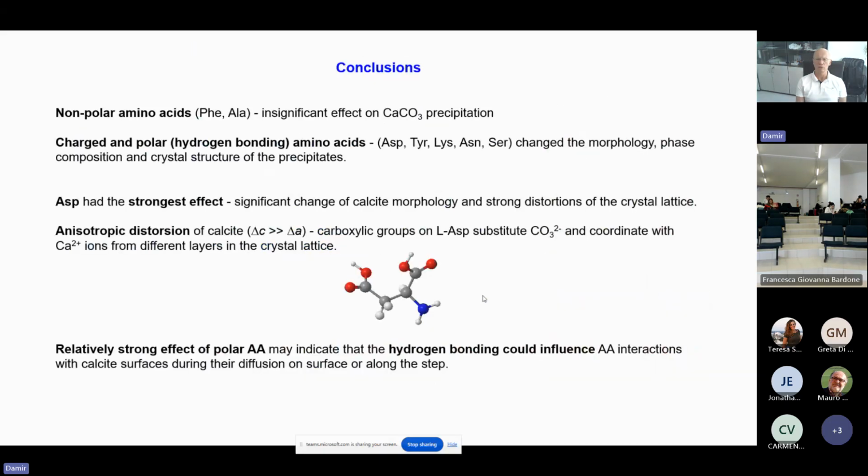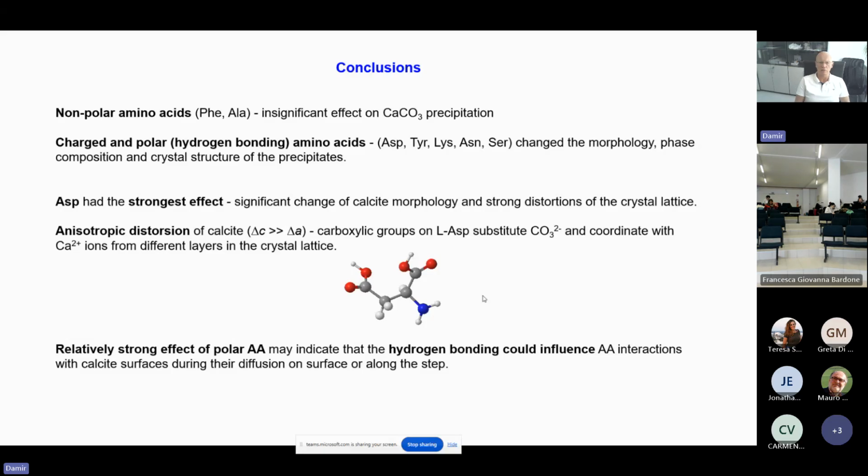A conclusion for this part of the experiments is that non-polar amino acids exert almost insignificant effect on calcium carbonate precipitation, as do charged ones, while polar amino acids change the morphology, phase composition, but also the crystal structure.